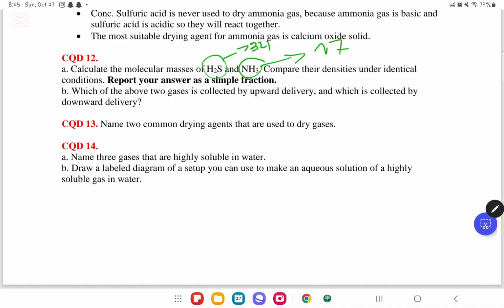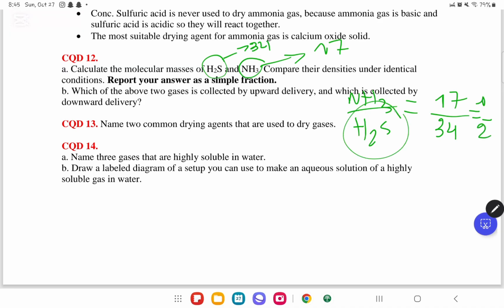So as a simple fraction, we can put it either as H2S over NH3 or NH3 over H2S. So let's say I'm going to do NH3 over H2S. So it's going to be 17 over 34, which is 1 over 2. So we know that H2S is definitely way denser than NH3, or it has double the density of NH3.